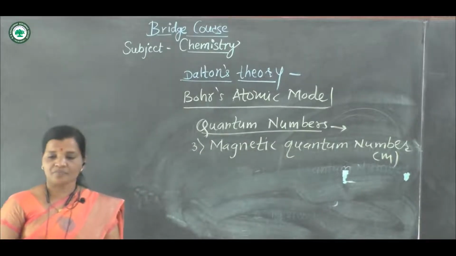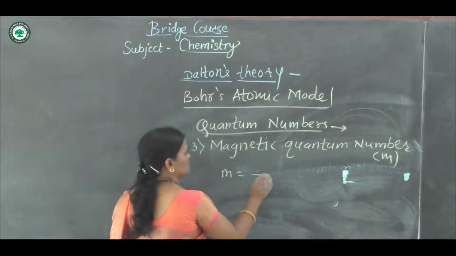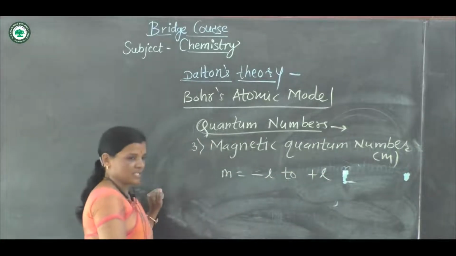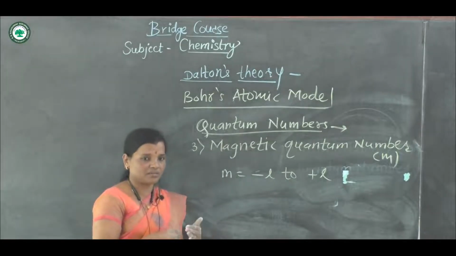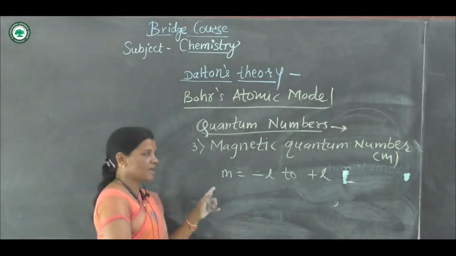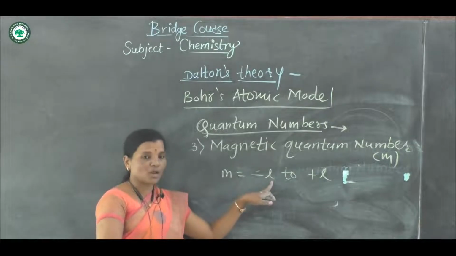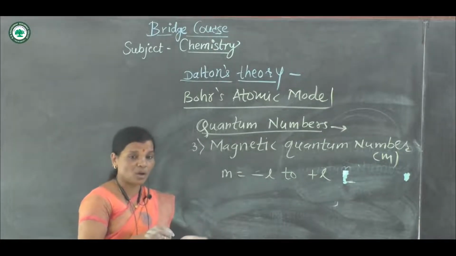Small m has values from minus l to plus l. See here how these quantum numbers depend on each other. Azimuthal quantum number depends upon the value of principal quantum number. Magnetic quantum number depends upon the value of azimuthal quantum number. That means these quantum numbers are dependent on each other.